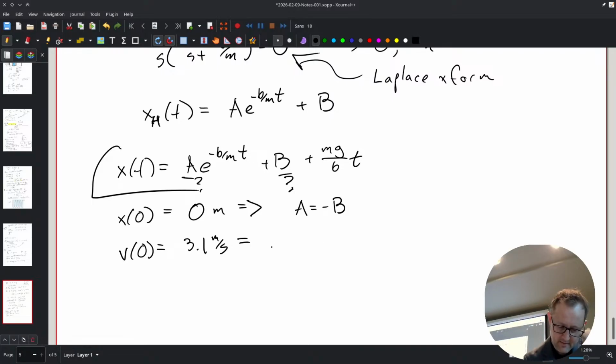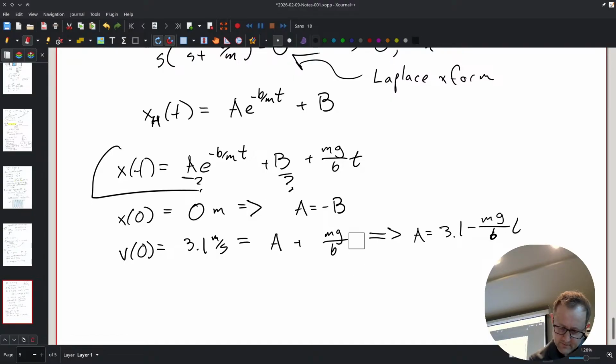And then A plus mg over b, no t. Trying to take a derivative there, right?